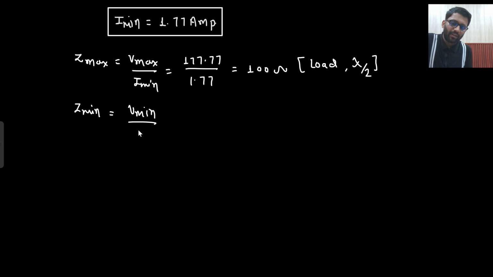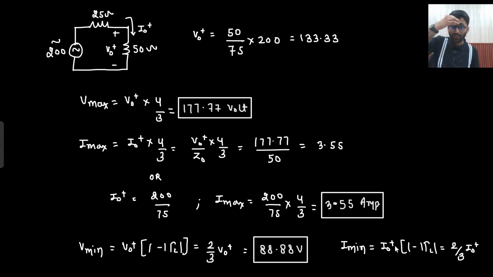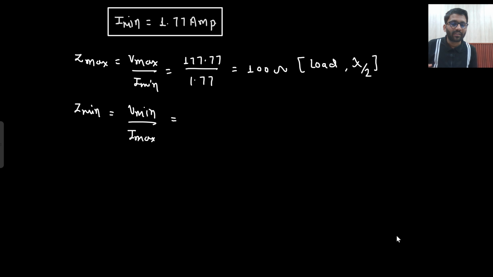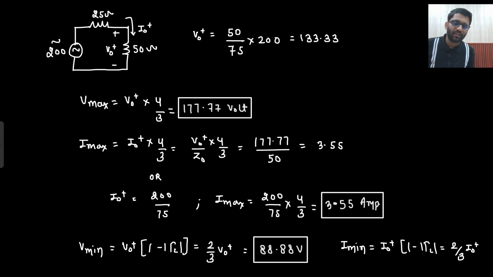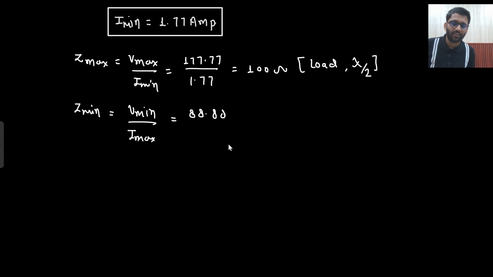So V min divided by I max. So what would that be equal to? What is your V min? 88.88 divided by 3.55.